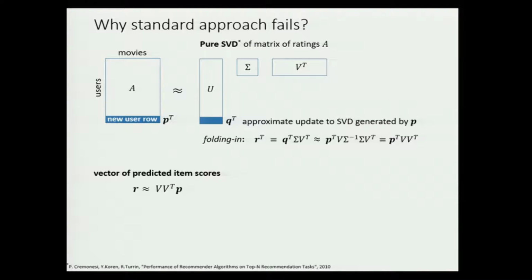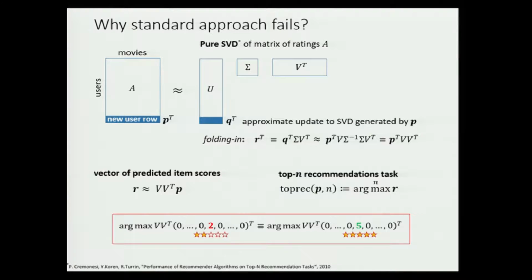And then the top-N recommendation task is simply a ranking of this vector R, which is a vector of predicted scores. And here's the problem. If we have only a single feedback, then this vector P will have only one non-zero value. And then it doesn't matter what value it is, because it does not change the ranking of the scores. It only scales them uniformly.